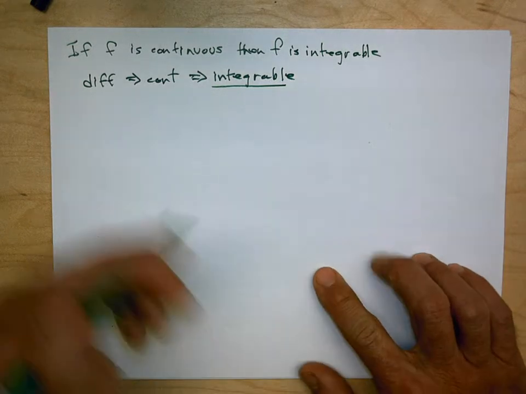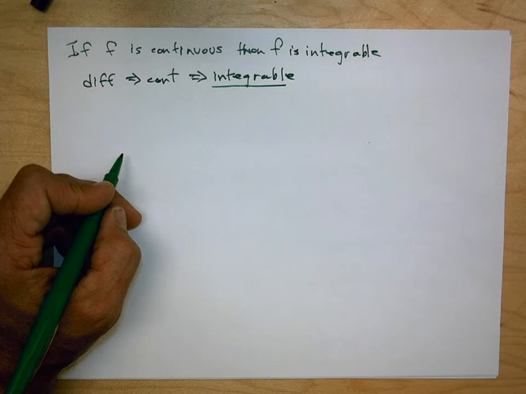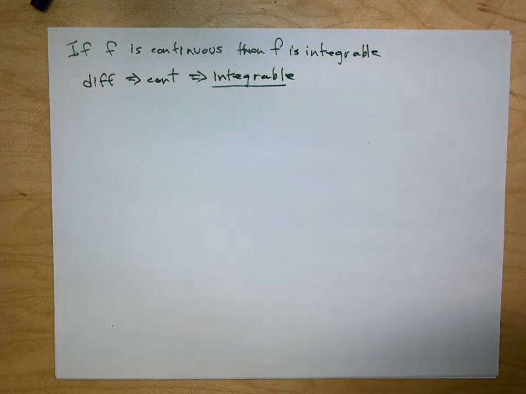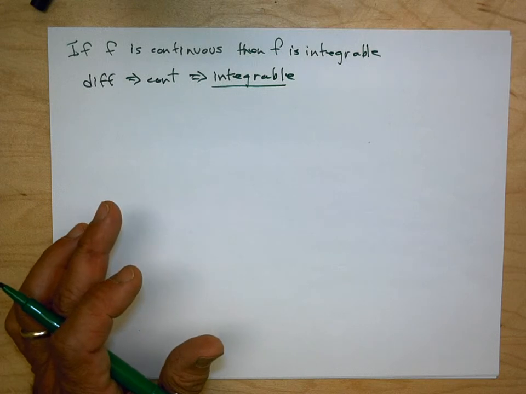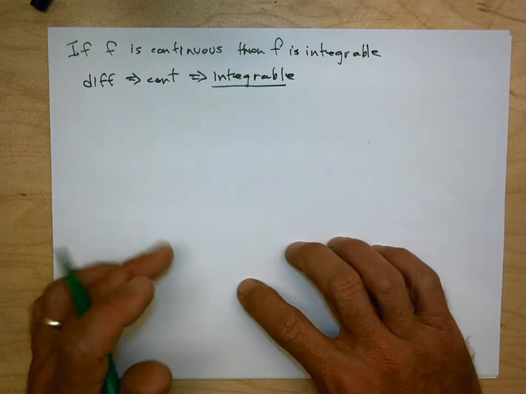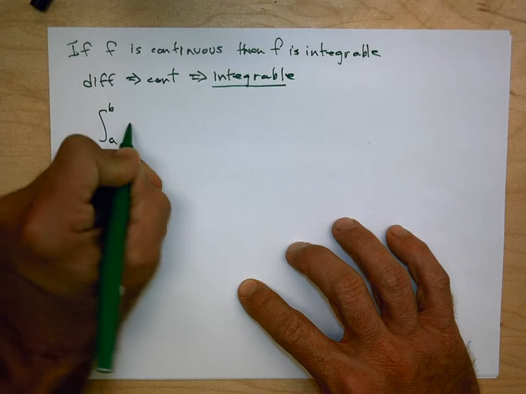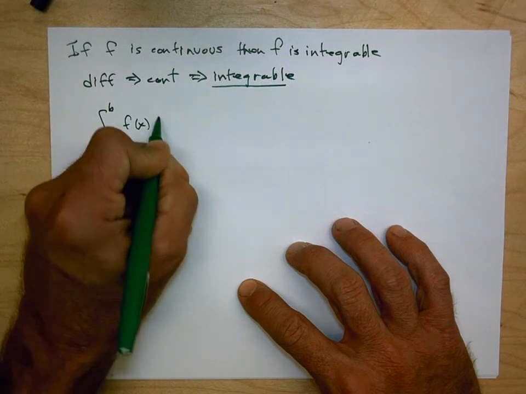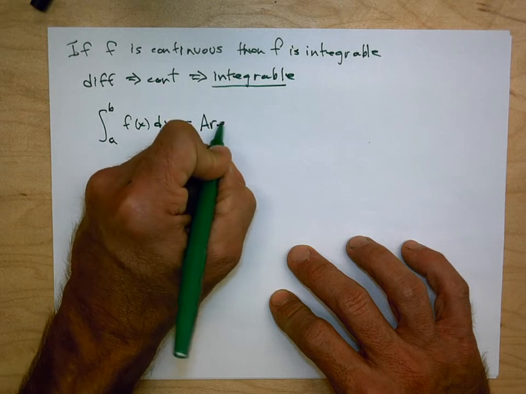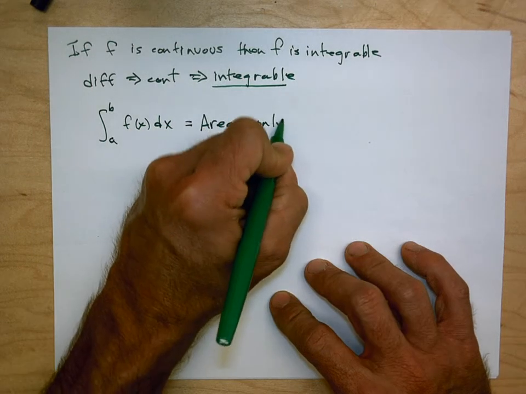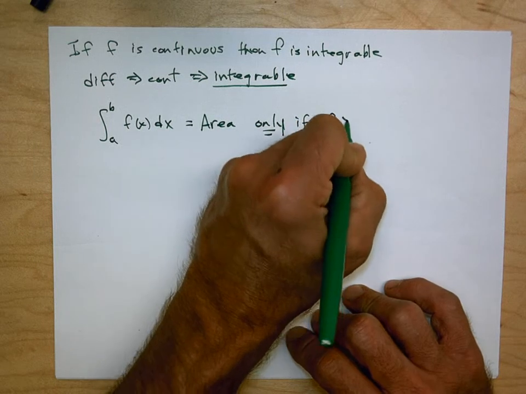Finally, I want to talk about the relationship between this and area, since that's what we started off looking at. As it turns out, this definite integral equals the area only if f is greater than or equal to 0.